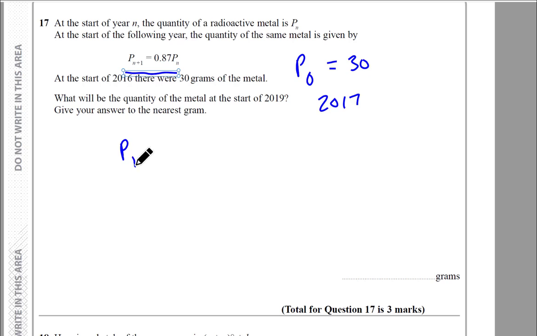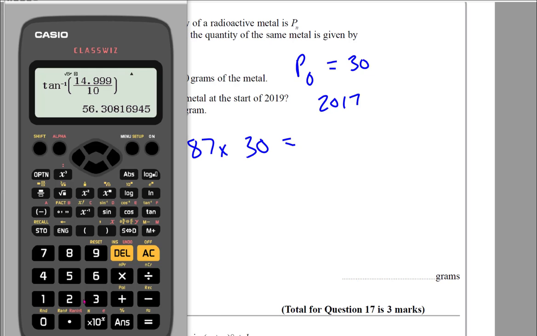So you'll get P1 equals 0.87 times 30, which equals 26.1.